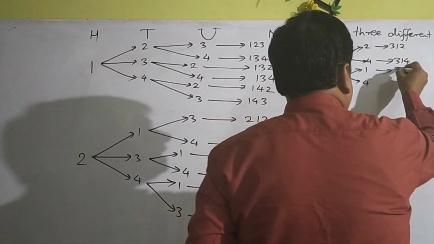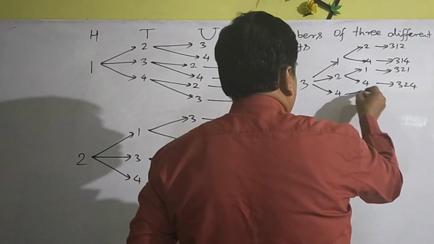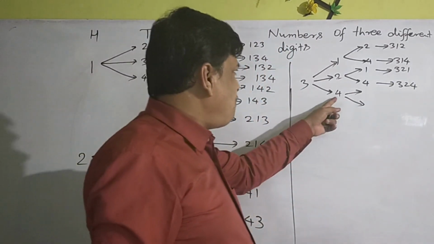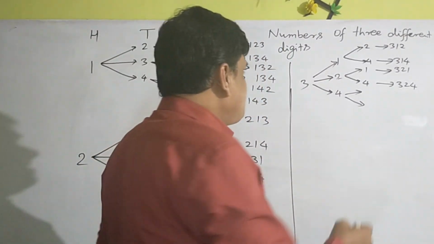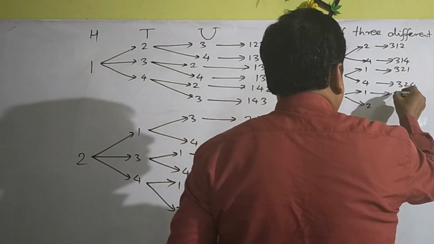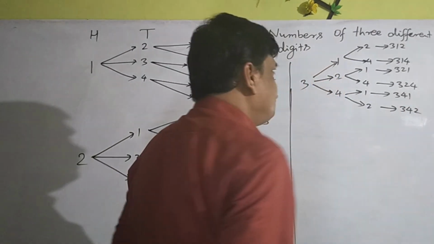So 321, 324. And a similar procedure for tens place 4. The unit place can be filled up by 1 or 2. As a result, the number becomes 341, 342.